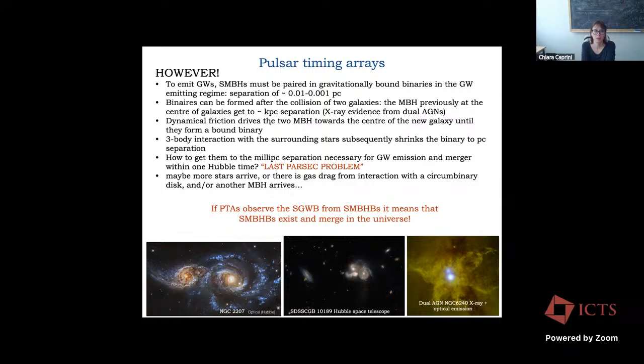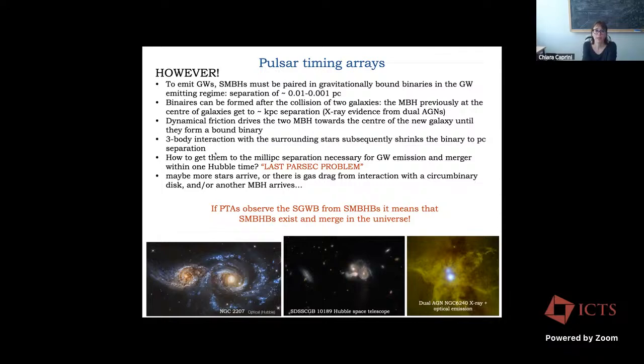But then there is friction from all the matter around, and it is believed that this will bring the two black holes together to form a gravitationally bound binary. There can then also be three-body interactions, because this binary is surrounded by stars that can get into the orbit, be kicked out, and thereby shrink the binary. This has been demonstrated to bring the binary at least to parsec separation.